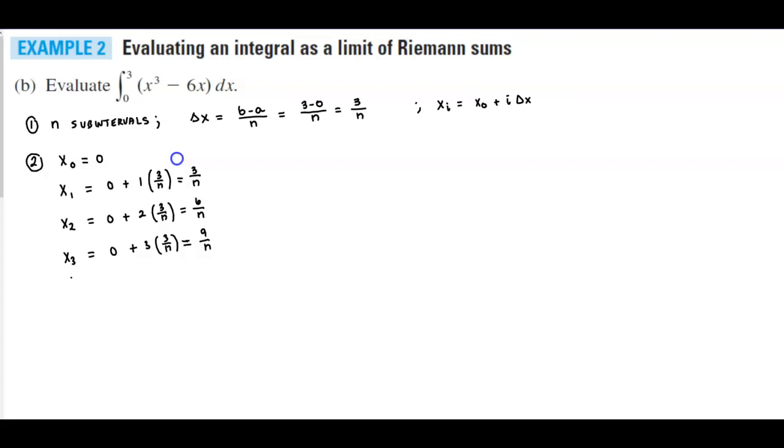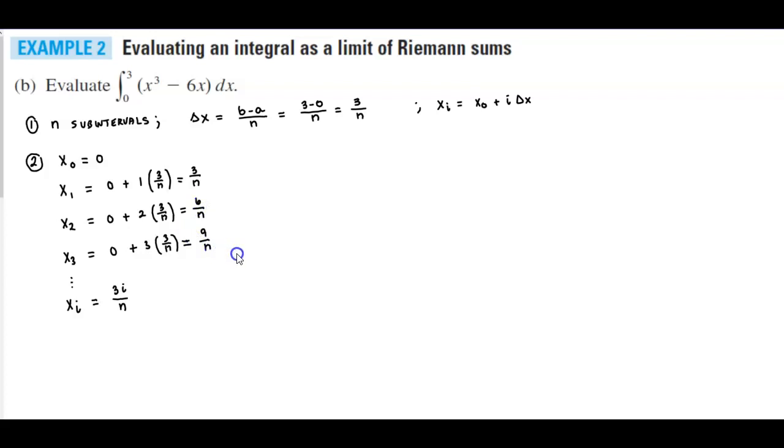So in general, x subscript i is going to equal 3 times whatever the value of i is over n. Because 3 times 2 gives us 6 over n, and 3 times 3 gives us 9 over n. Okay, so now we know what delta x is.